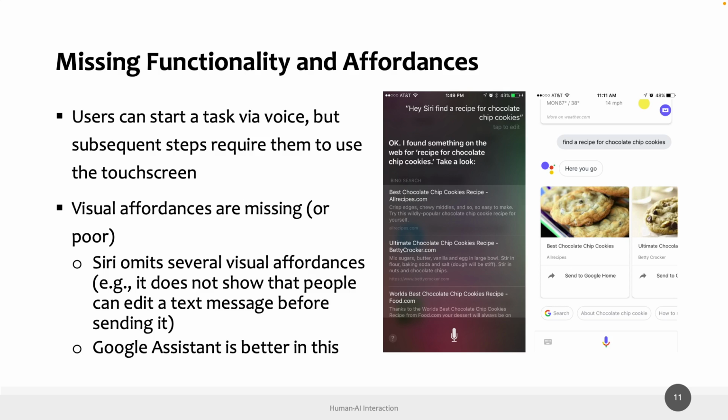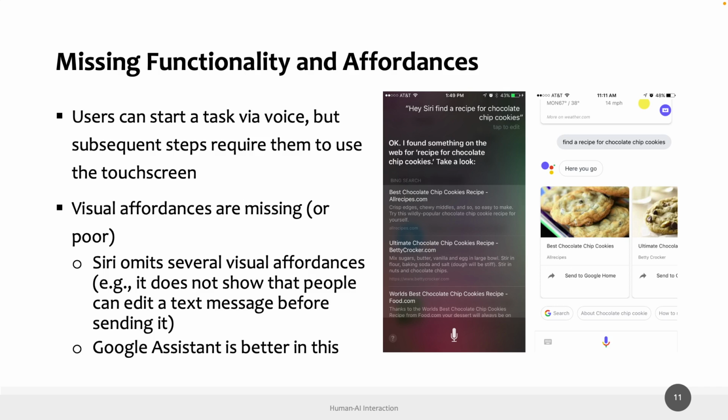In the slide, for example, there are two similar examples on Siri and Google Assistant. I can ask them, please find a recipe for some food, and they answer, okay, I found something on the web, take a look, but then you need to manually click on a link, and the conversation stops here.